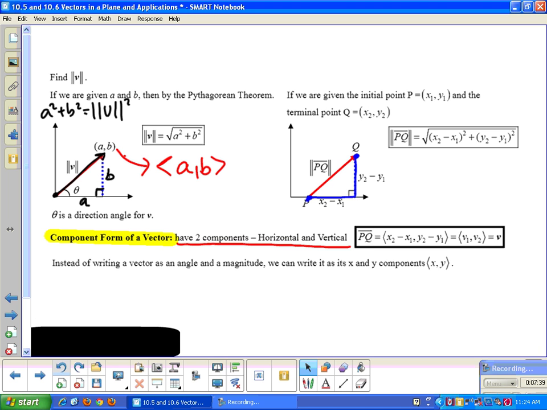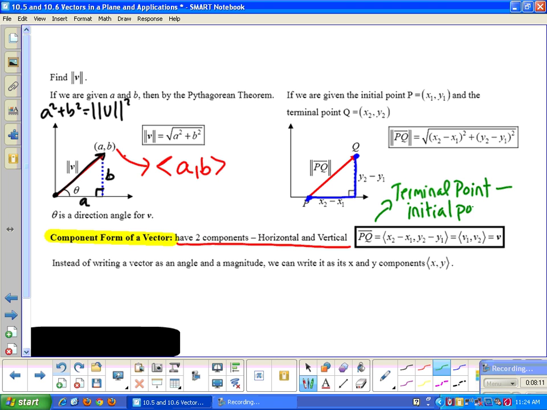If you want to find the component form of the vector, and you don't have a standard vector position at the origin, then you can just subtract the two like we did for the Pythagorean theorem. So you subtract x2 minus x1, and y2 minus y1, and then you would get your vector. For this, it's always the terminal point subtracted by the initial point, and for this subtraction, the order matters.